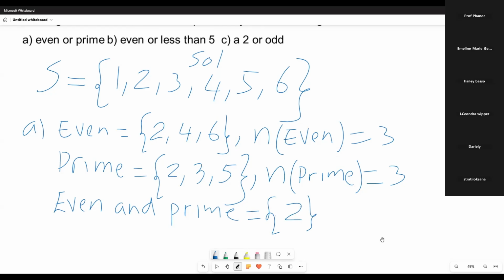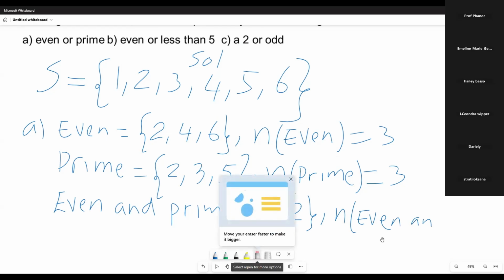Yes. And then n of even and prime. I'm going to use E for event and then P for prime, okay?